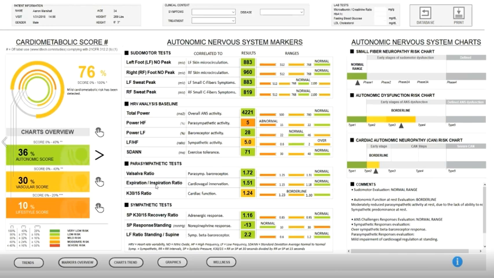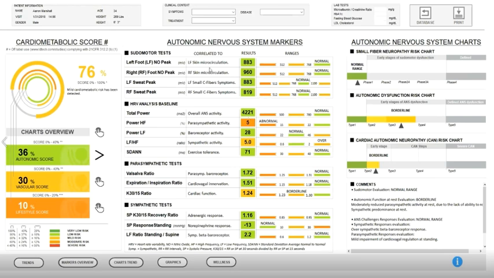Then as you perform the test, there's a Valsalva, a breathing exercise, as well as a postural change. We do that to evaluate parasympathetic as well as sympathetic nervous system activity to provide us with markers of cardiac autonomic neuropathy.